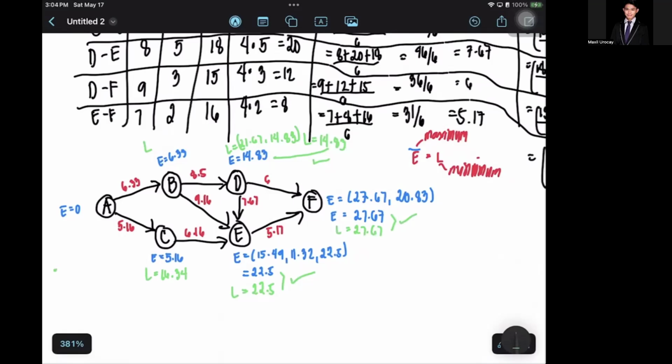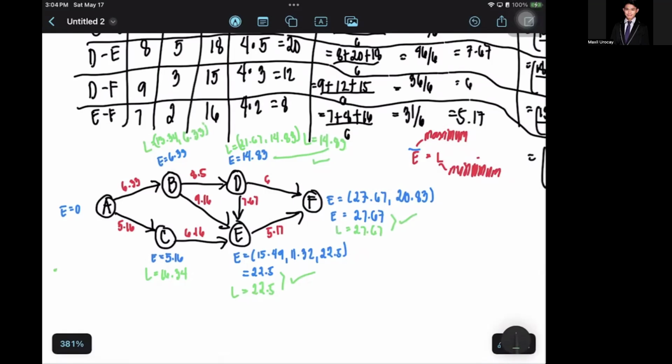9.16 is 13.34. And afterwards, you have from D as well, which is D is 14.83 minus 8.5. So it will become 6.33.